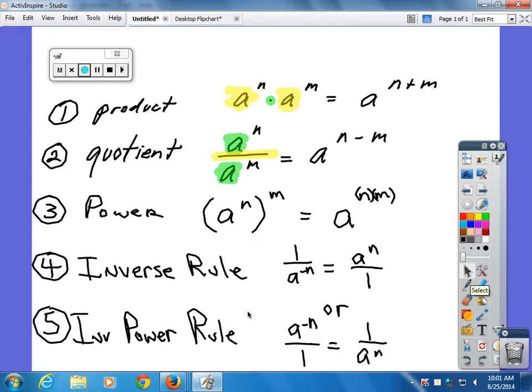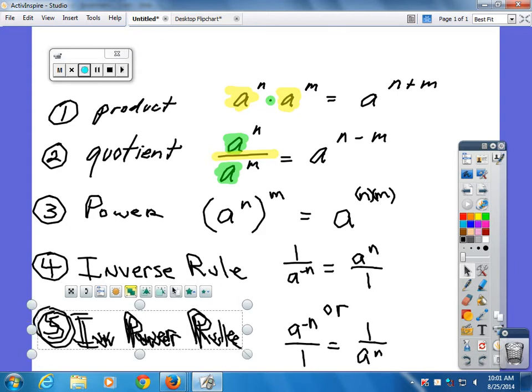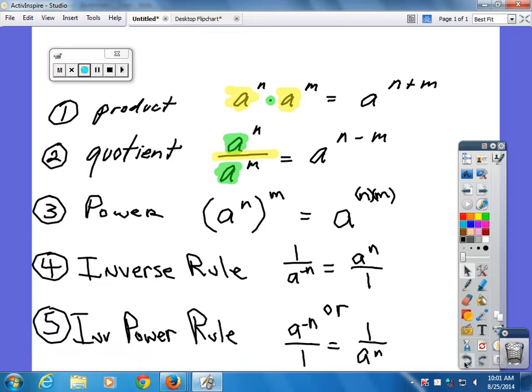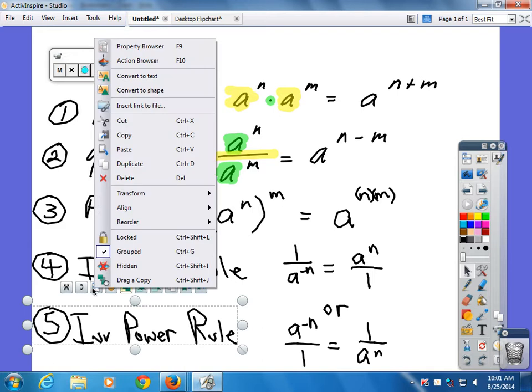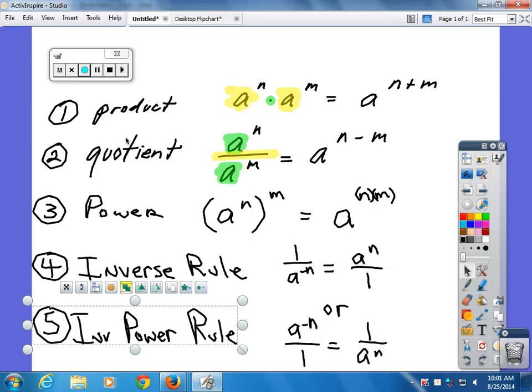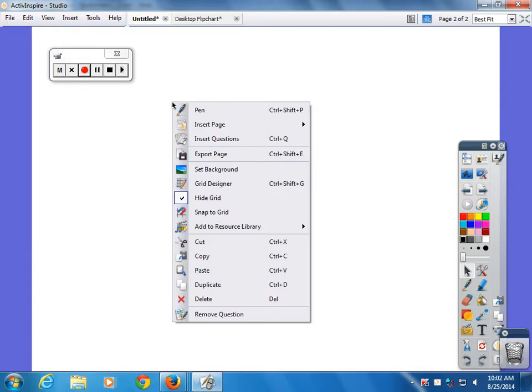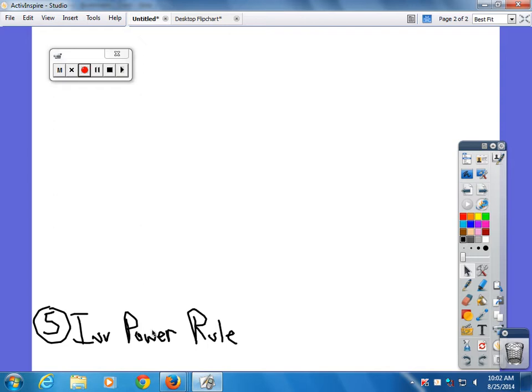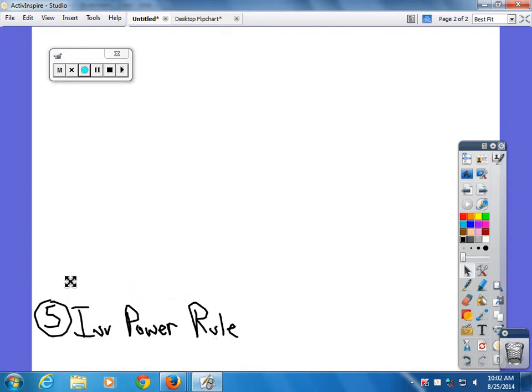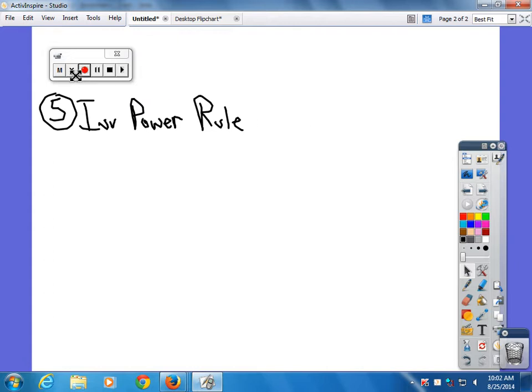We'll take this, and we will copy, and go here, and copy, and go to the next page, and then we'll right click, and we'll put in the word. There we go. Y'all ready for this? Alright, there's your inverse power rule.